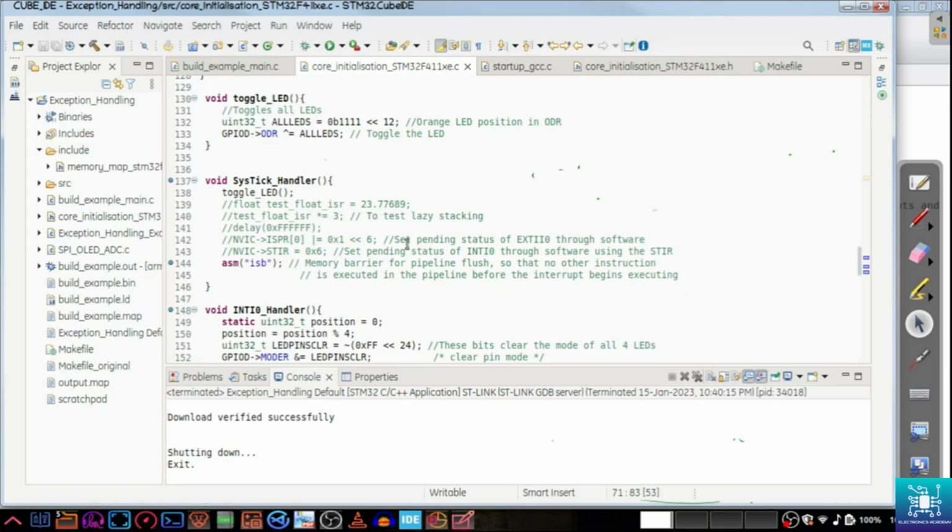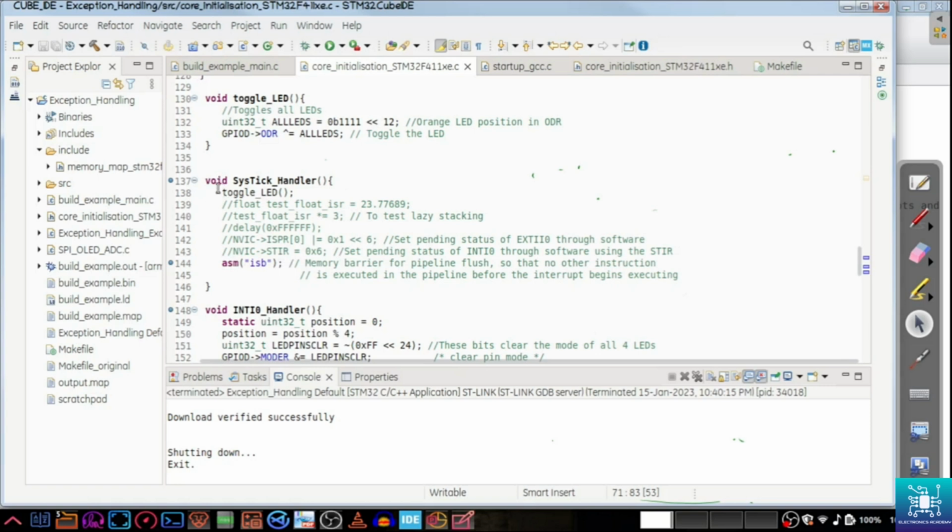Since the Cortex-M4, as we discussed, takes care of a lot of activities of saving and restoring the registers and so on, once we configure the interrupt, writing the handler is just like any other function. So you will not see any specific attributes that need to be added to this function saying it's an interrupt and so on and so forth. So this is just a plain function.